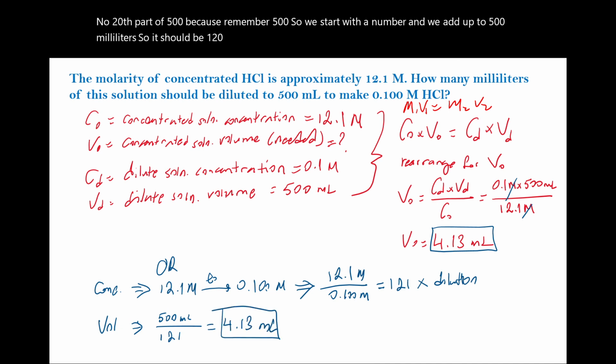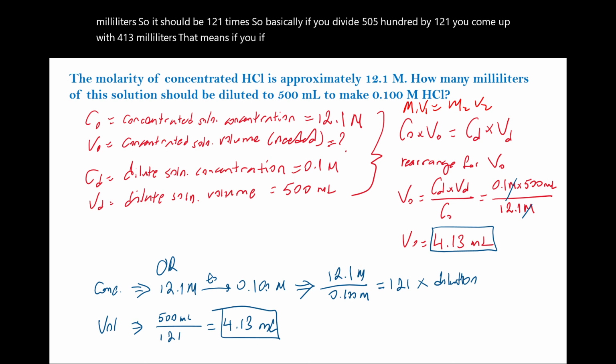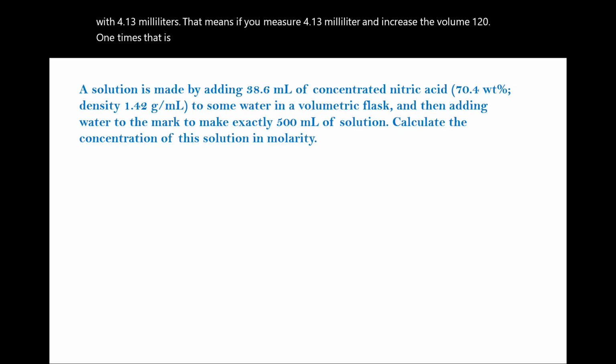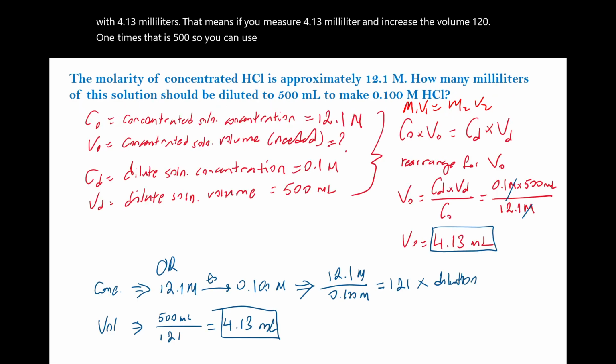Basically, if you divide 500 by 121, you come up with 4.13 milliliters. That means if you measure 4.13 milliliters and increase the volume 121 times, that is 500. So you can use this way of solving the problem.